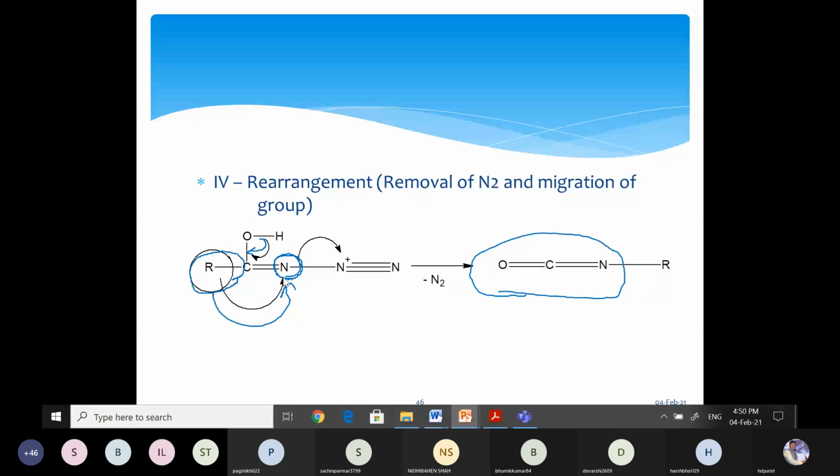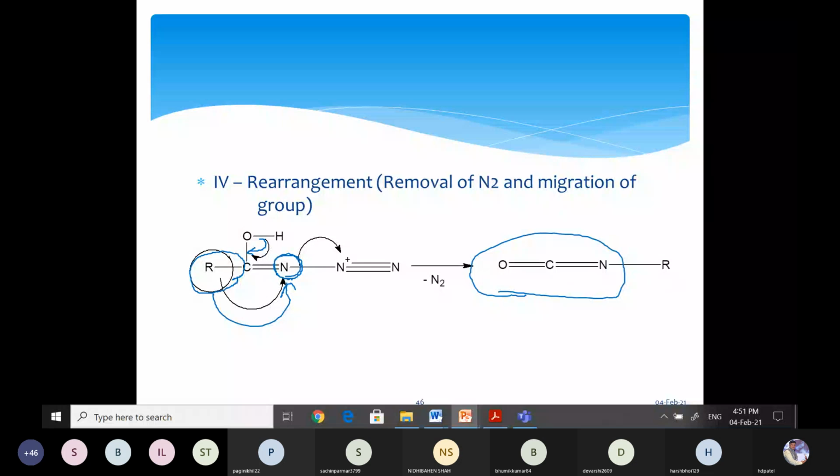At the same time, this carbon becomes electron deficient, but carbon is attached with the OH, and as a result breaking of this bond will take place and it will convert into C double bond O. Finally we will get this structure, R N double bond C double bond O, and so isocyanate will form.